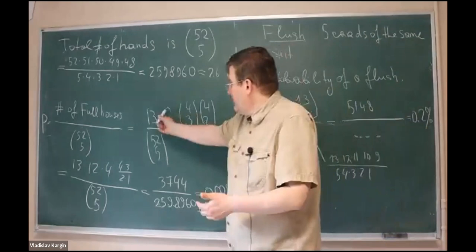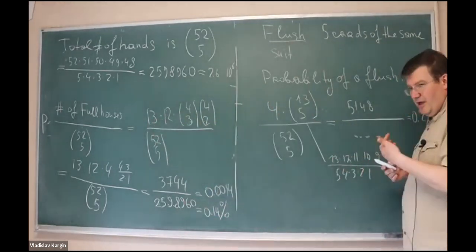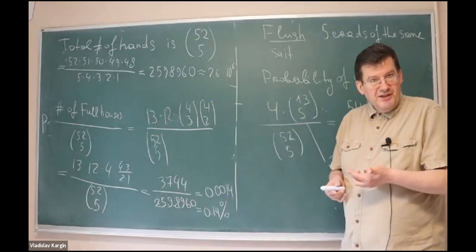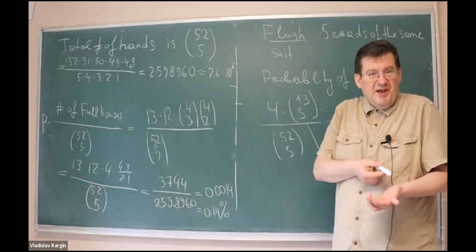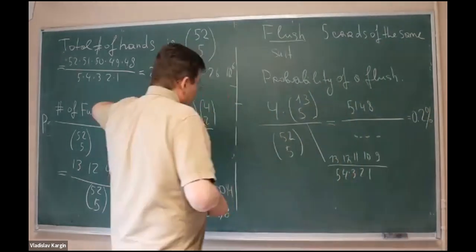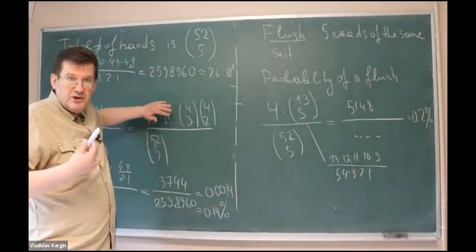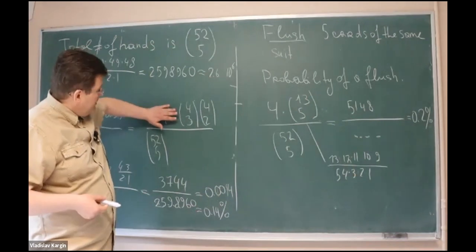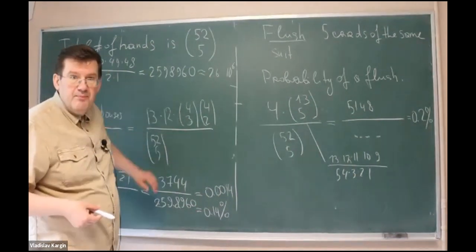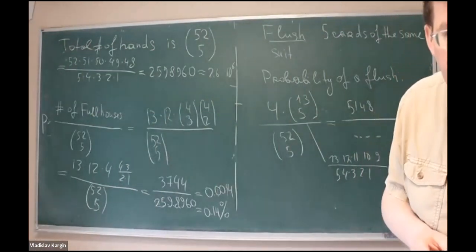In this case, you would need this 13 times 12, because the only thing I have not said to you about this jack, 10 and 10 is which specific jack, hearts jack or something like that. So if I just wanted to figure out the probability of this full house, jack and 10, 10, it would be this thing without 13 multiplied by 12.